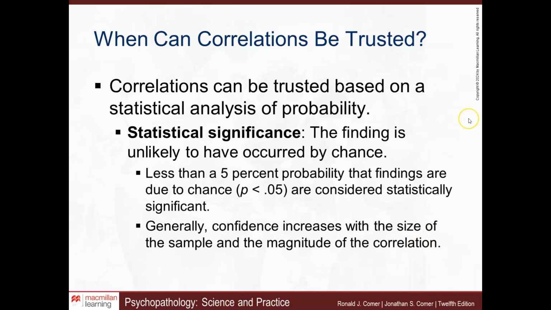So when can correlations be trusted, based on a statistical analysis of probability? Statistical significance refers to the idea that the finding is unlikely to have occurred by chance.